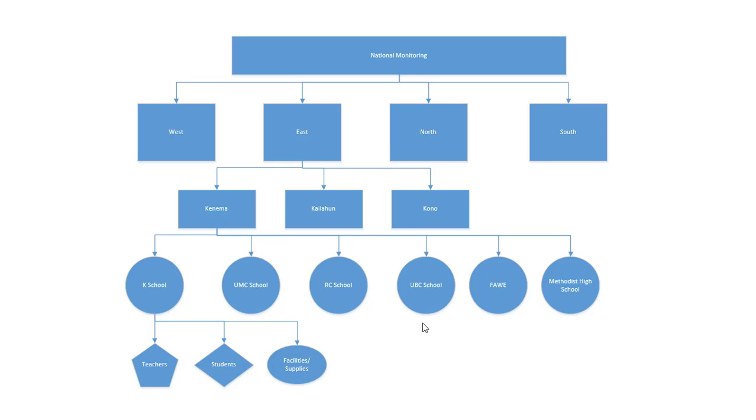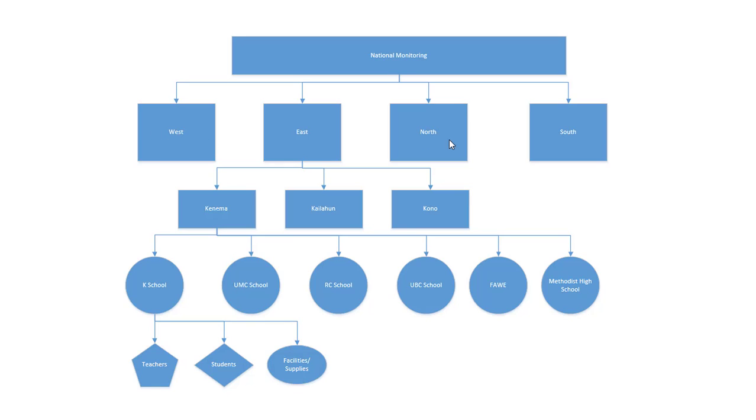At the top we have national monitoring, then we have the provincial level. Nationally, we have, let's say, 4 provinces: west, east, north and south.